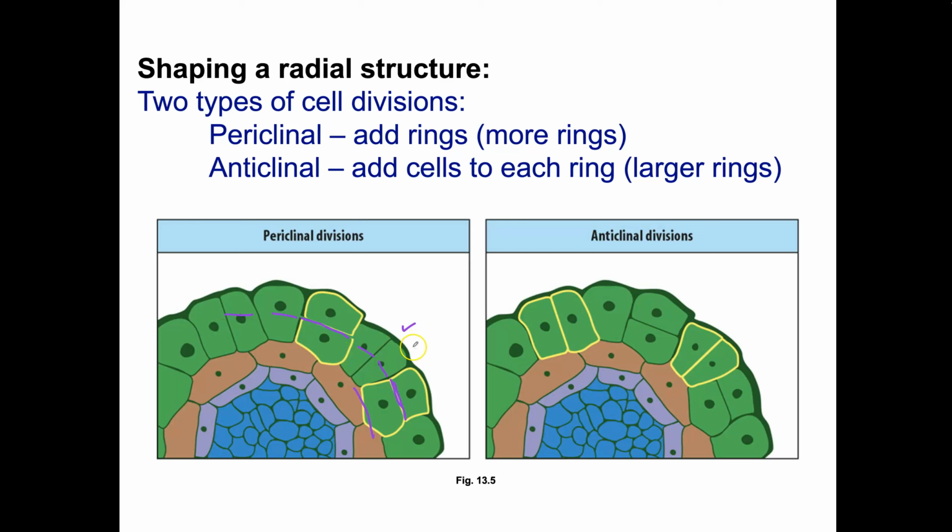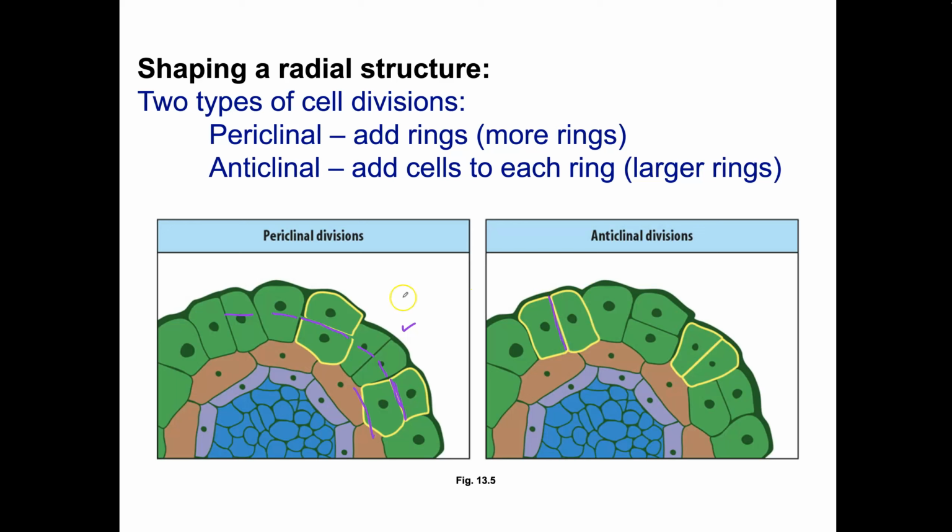So it's 2 layers thick, right? But when you make another layer, the outside layer is going to be a little bit bigger than the inside layer because it's a wider thing. So you have to add some additional cells into that ring to make it larger. And so some of the cells divide in what we call anticlinal. Anti is against, right?